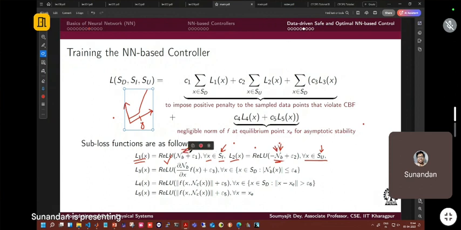So how do we design a CBF? What does it ensure? It ensures that inside the valid domain, it will always remain negative. This is a safe area. This is something like XD. We have an XI here.